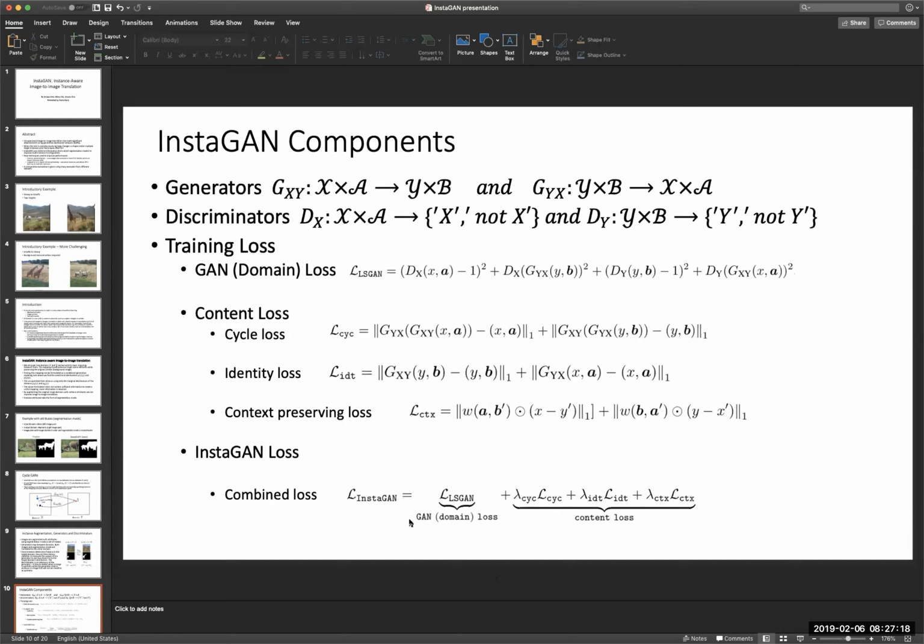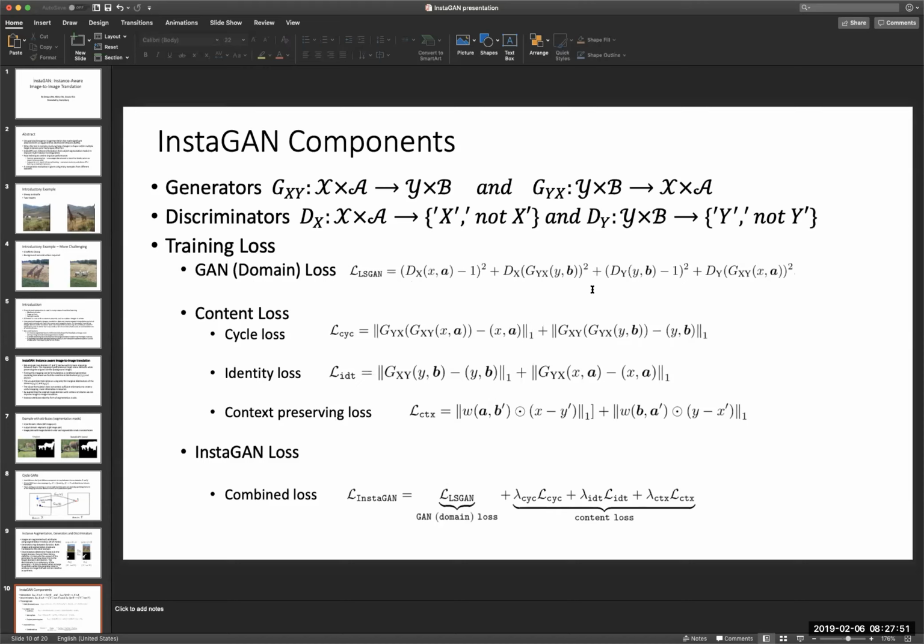Finally, this first term is the GAN loss, the GAN or domain loss, and that takes into account the discriminator. It uses the discriminator as a measure of how well the transform does in synthesizing domain images. So there's 4 terms to that.